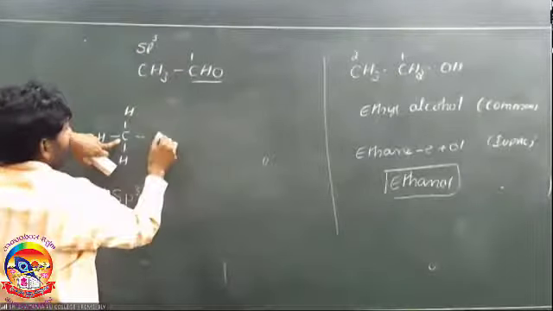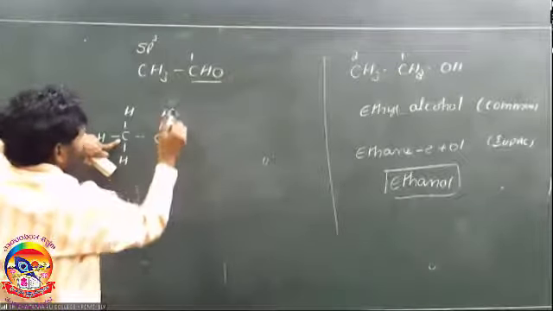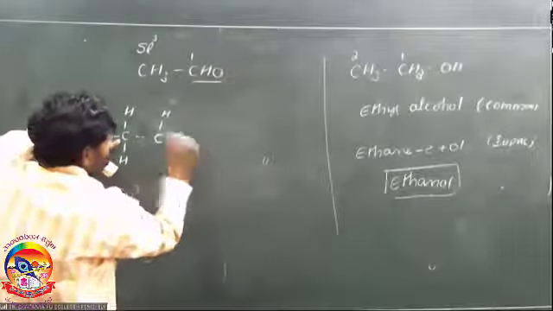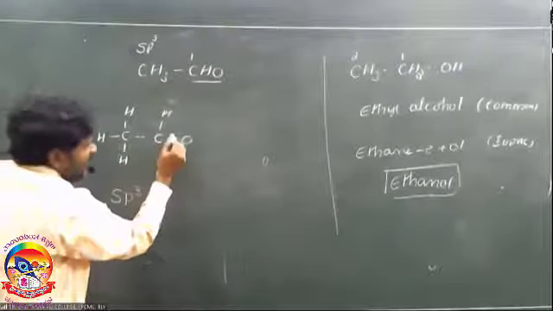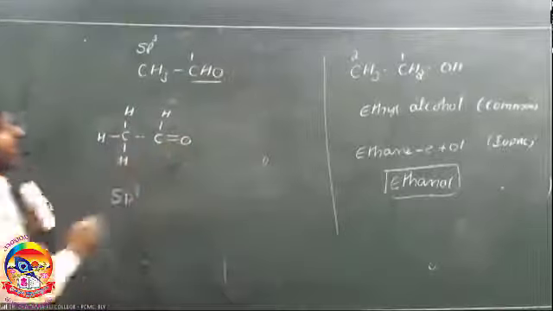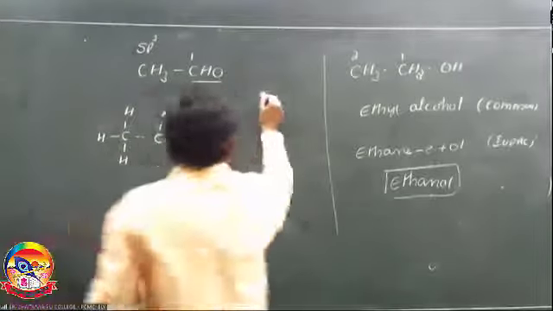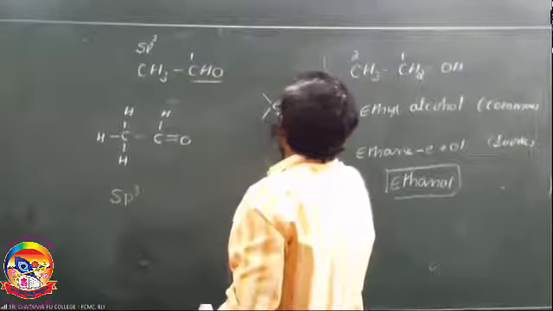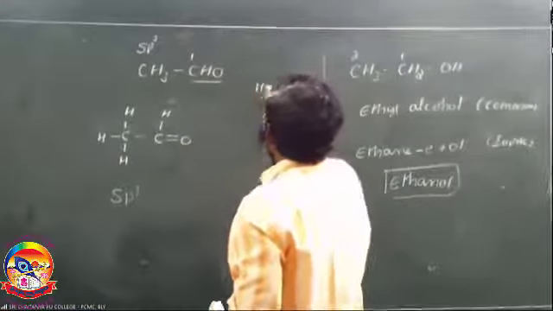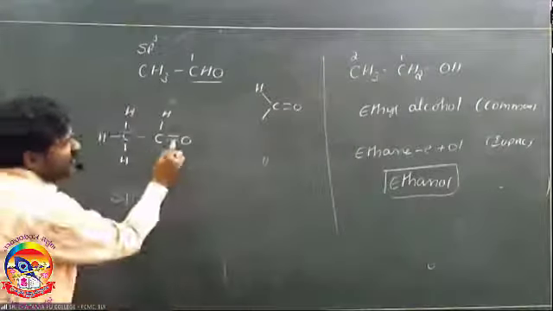Next, the other carbon is attached with one hydrogen and one oxygen. We know oxygen is divalent, so carbon and oxygen contain a double bond. So C double bond O, H is the structure of an aldehyde.